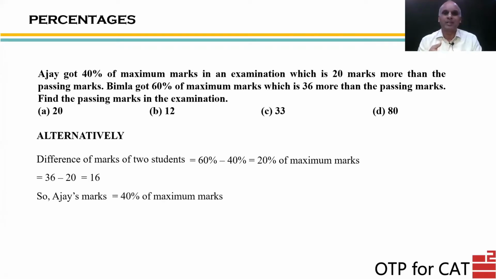Since I know that 20% of maximum marks is 16, obviously 40% of maximum marks will be twice of that. That is 2 into 16, that's 32. And hence, without having to find out the value of maximum marks, I could find out Ajay's marks, which is 32. And since in the question it's also given that Ajay's marks is 20 more than the passing marks, obviously passing marks will be 32 minus 20, and that is 12. It's the same answer as we got in the earlier method.